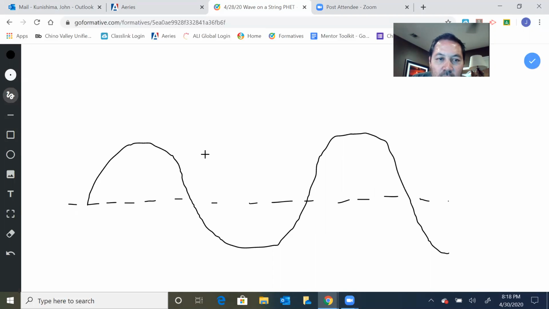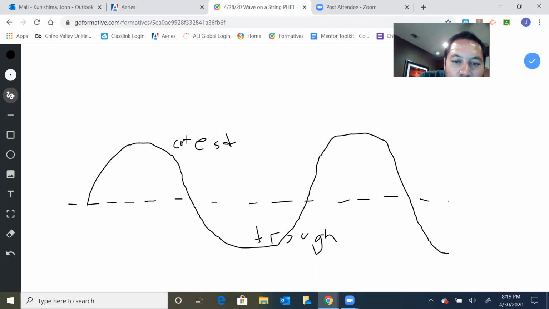Your midline, you're going to label crest, label trough, and then label your amplitude, which is right here, and then write 1.0 cm.